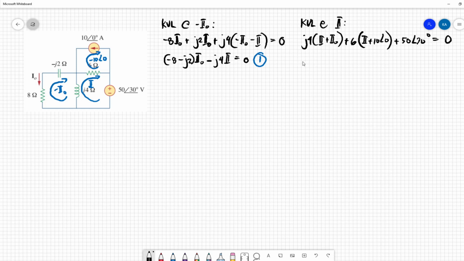Now rearranging the equation, we have our equation number 2. So we have two equations, two unknowns. Can now solve for IO.